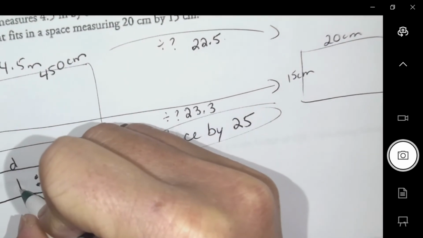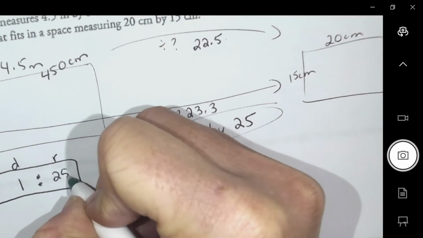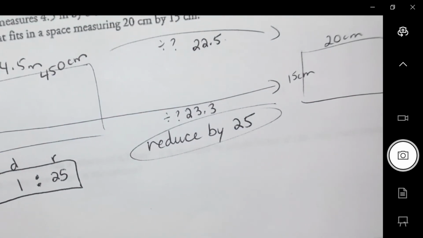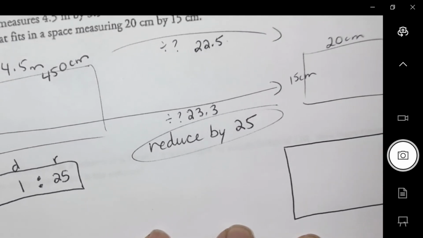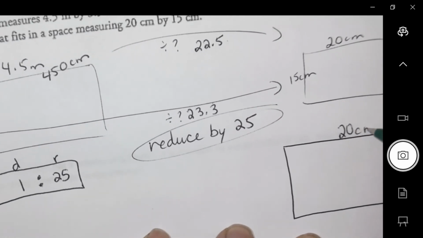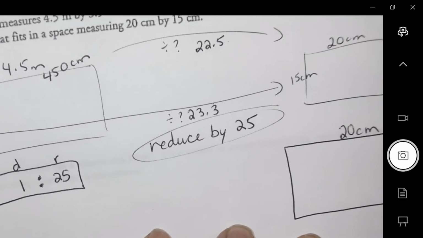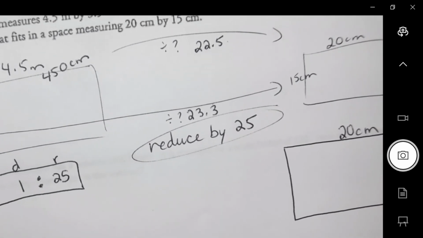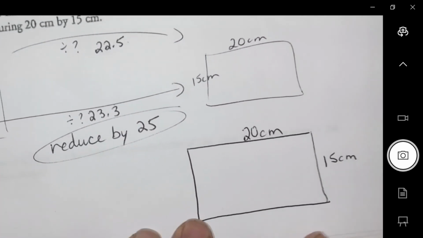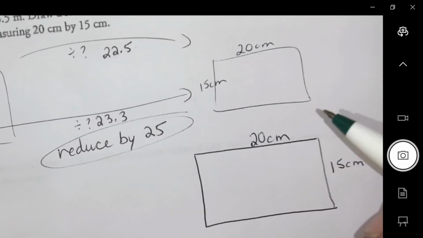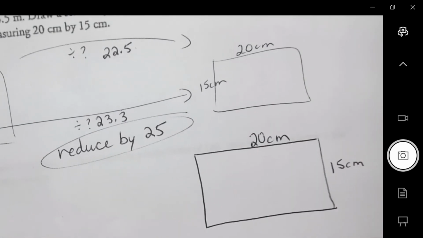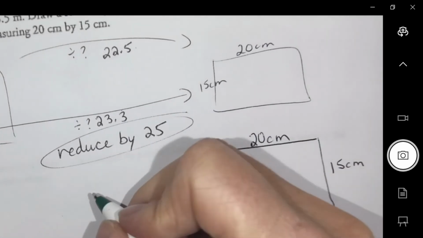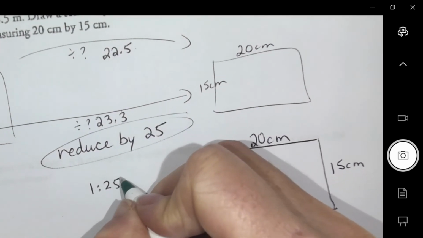Every 1 on the diagram is actually 25 in real life. Okay, so how would that even fit on my paper? So this is my paper. And I would like to do this. So 1 on the diagram is 25 in real life.